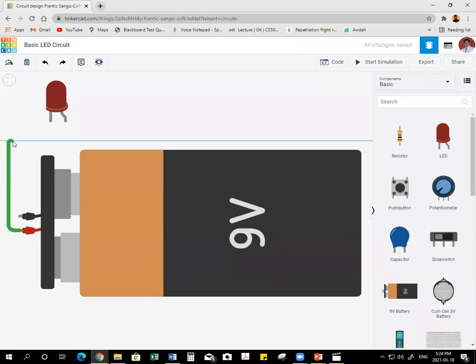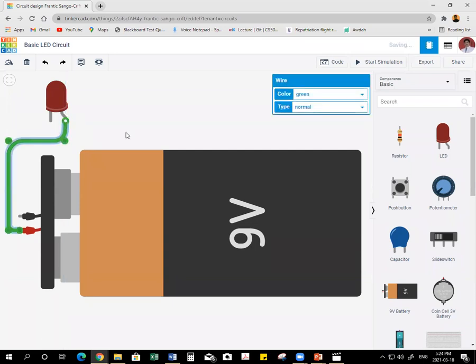Click again, it will go here. So this is the anode, which means positive. Just place here. So this is a wire we connected from the positive terminal of the 9 volts battery to the anode, that is positive, of the LED.